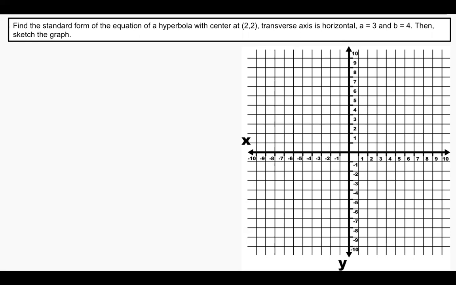of the given equation. Since the transverse axis is horizontal, it means that it lies on the x-axis. So we are guided with the equation: the quantity x minus h squared over a squared minus the quantity y minus k squared over b squared is equal to 1. Then substitute the values of a and b.